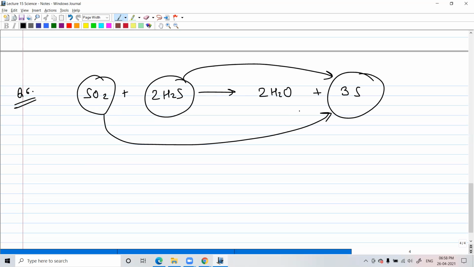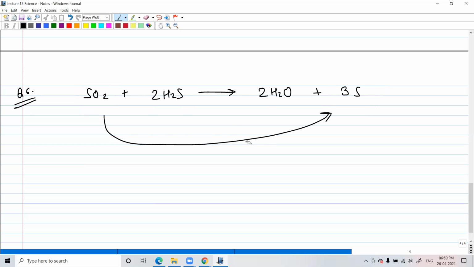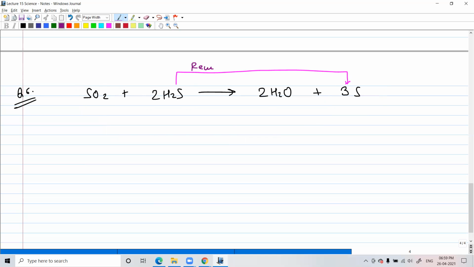Here it was removal of oxygen. Here it was removal of hydrogen. Okay, so let me write it how I always write. So H2S to S, this is our oxidation. The reason is removal of hydrogen.